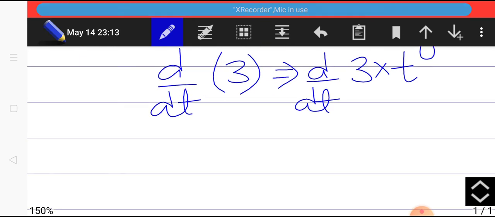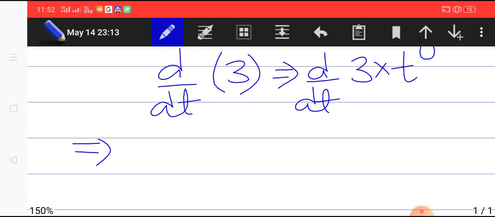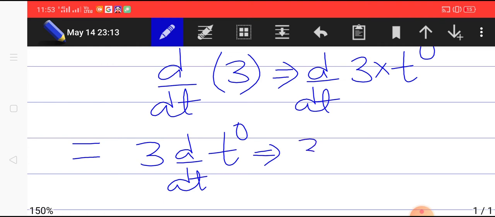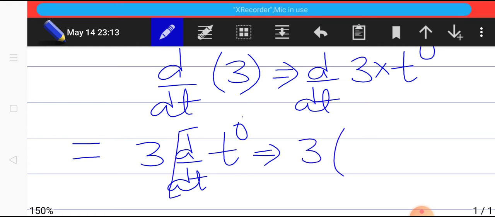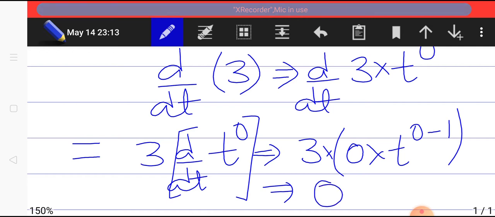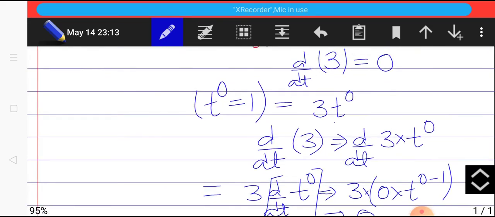In second step, if some constant is in multiplication, constant can be taken out of differentiation, and it is 3 times differentiation of t raised to power 0, and the differentiation of t raised to power 0 will go like 0 will come in front into t raised to power 0 minus 1, and we know that anything which is multiplied by 0 becomes 0, so eventually it will become 0. So differentiation of a constant is always 0.